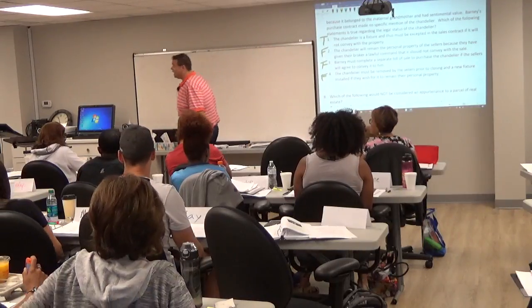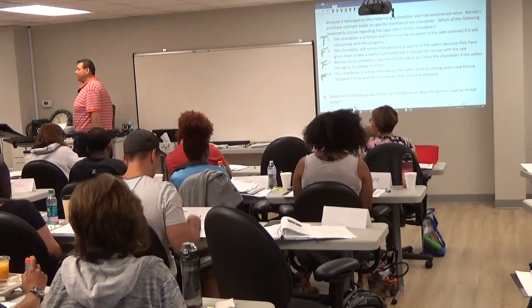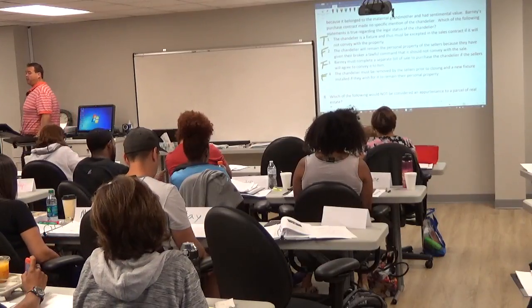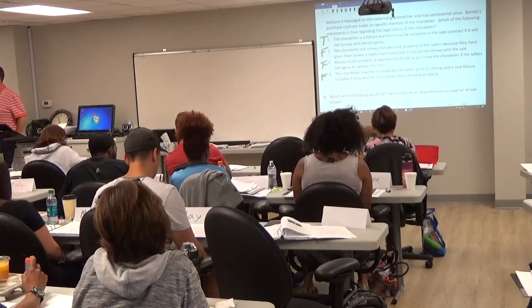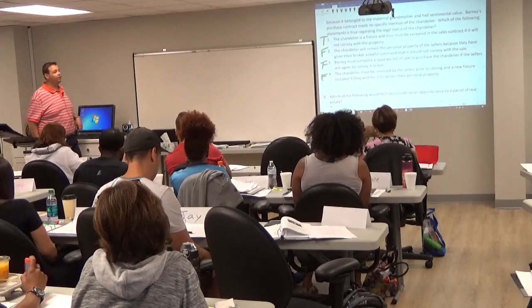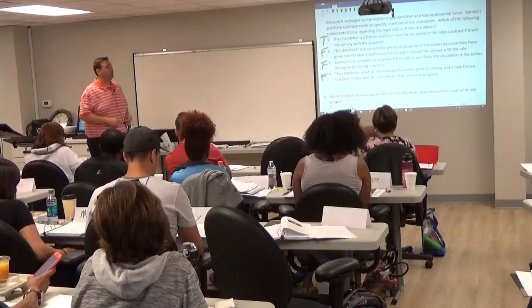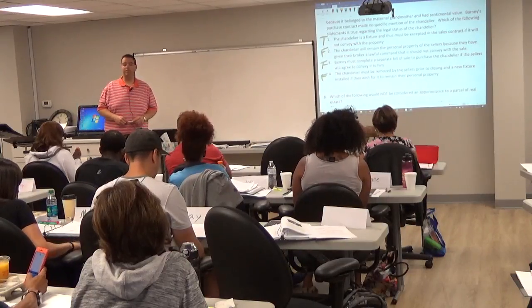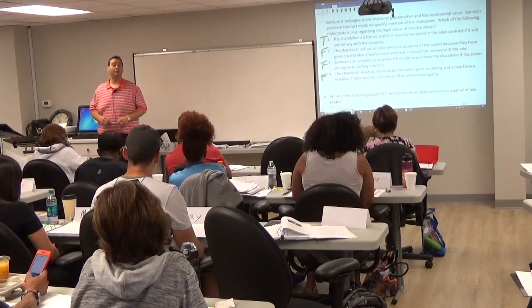Look, which is exactly what number 1 says. The chandelier is a fixture and thus must be what? Accepted or taken out, excluded, means the same thing if it's not going to convey. Number 1's the only one that's true.